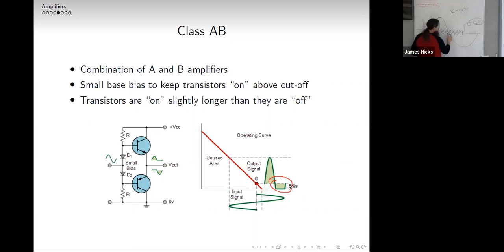Then I have a little bit here, this part I circled. That's now the part that would be getting the zero crossing distortion.